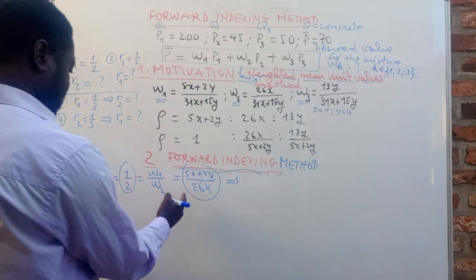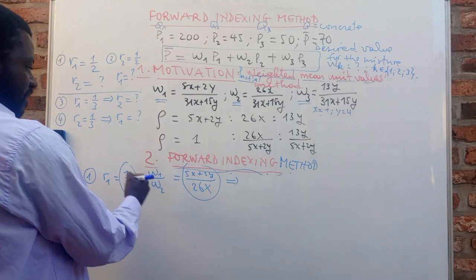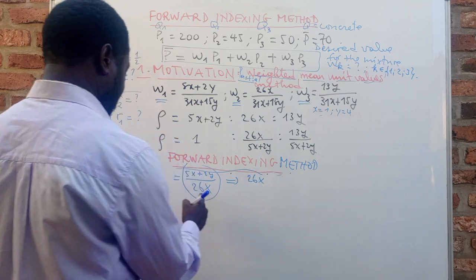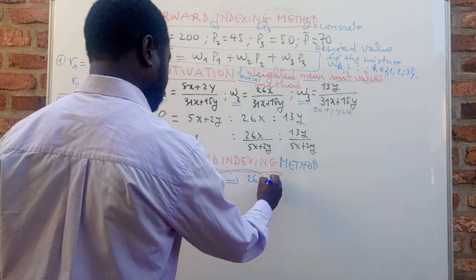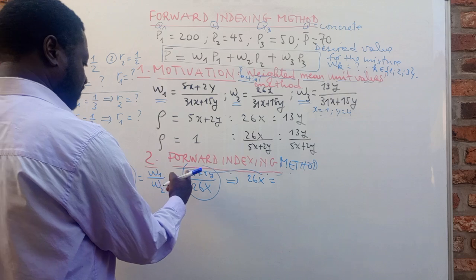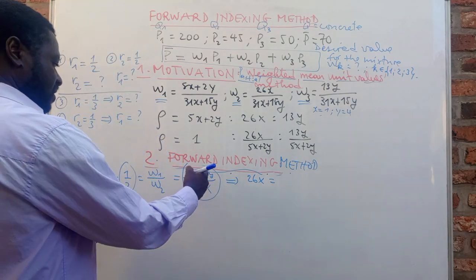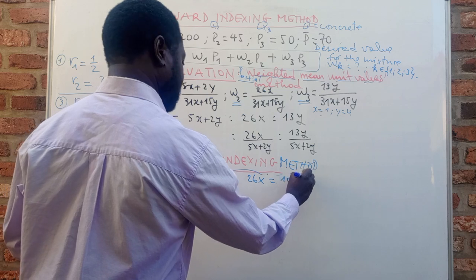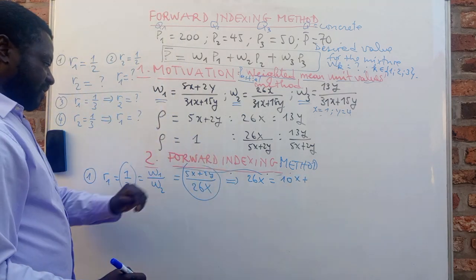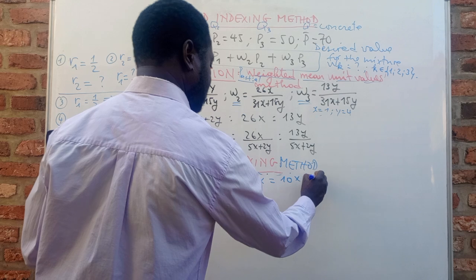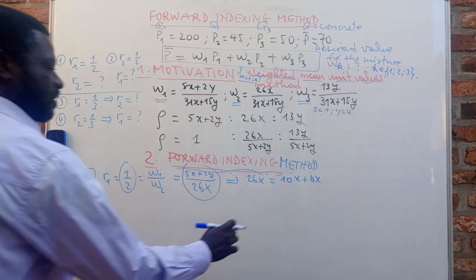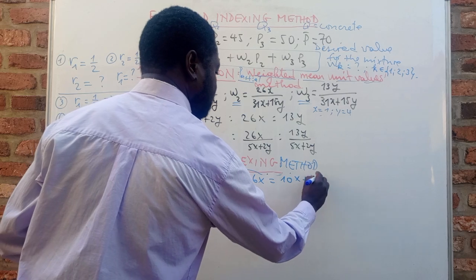With cross multiplication, we get 26x equals twice (5x + 2y), which becomes 10x plus 2 times 2, is 4y, sorry. This is 4y.